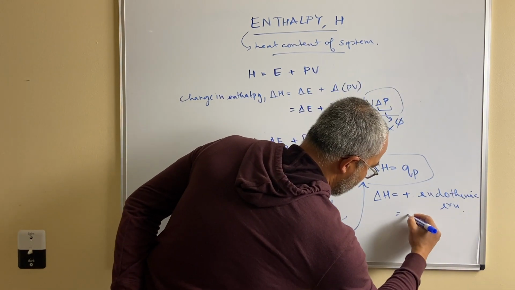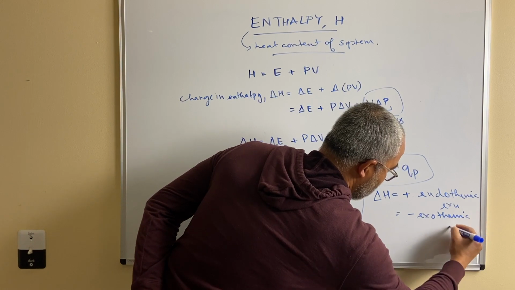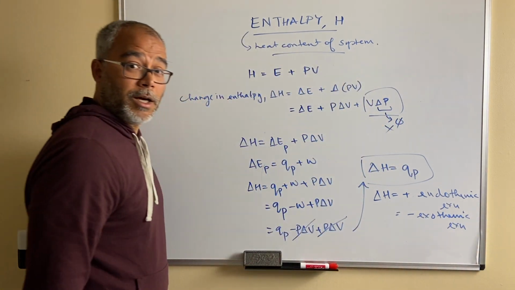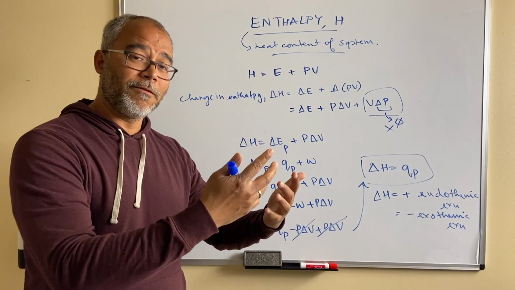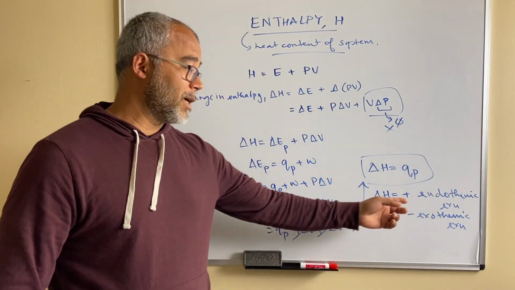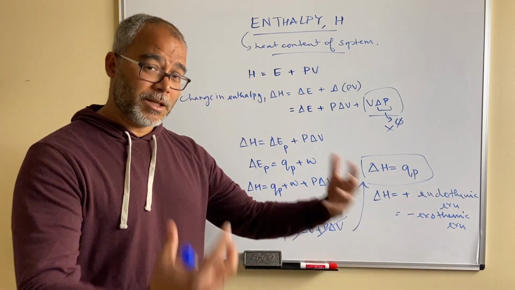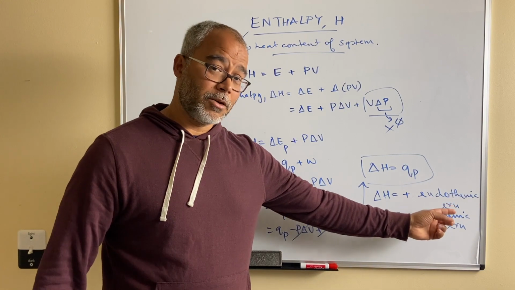If delta H is negative, we're looking at an exothermic reaction. When delta H is negative, the reaction is giving off heat to the surroundings, so it's losing energy, therefore negative. When delta H is positive, it's absorbing energy. Negative is exothermic, positive is endothermic.